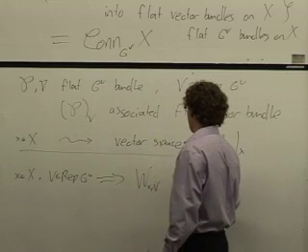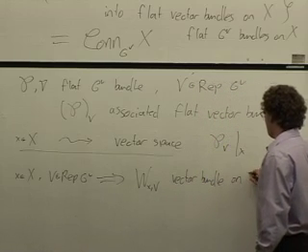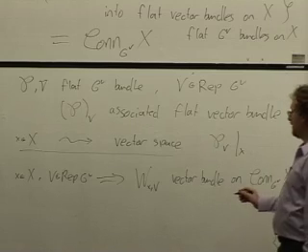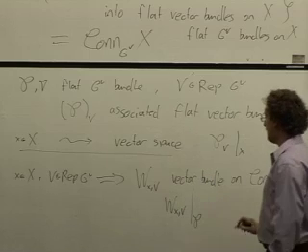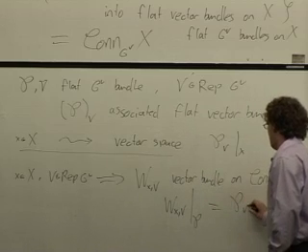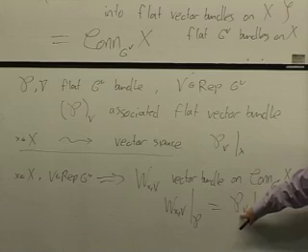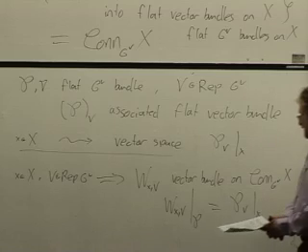W_{x,V} is a vector bundle on this space of connections. And what is this vector bundle? Its fiber at a particular bundle is the vector space I had before. Its fiber is given by taking your connection, taking its associated vector bundle, taking its fiber at that point. That's a vector space.